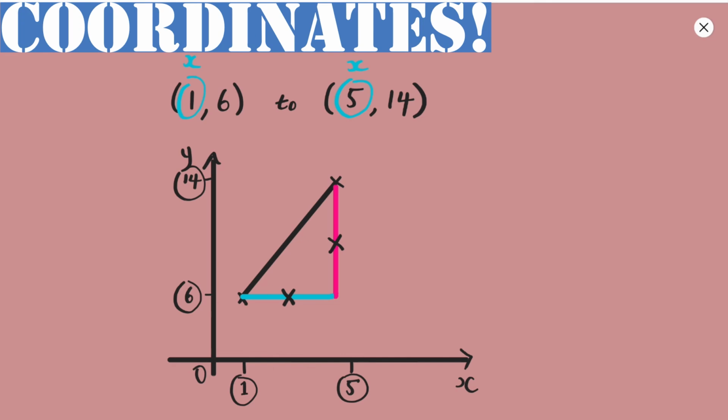Labeling those in our coordinates, we have, and because when we're dealing with these things, we can't really have more than one of the same thing, otherwise we can't reference it, we're going to give them a little subscript. So the left hand side we'll call the y1, and the right hand side we'll call it y2. Same for the x.